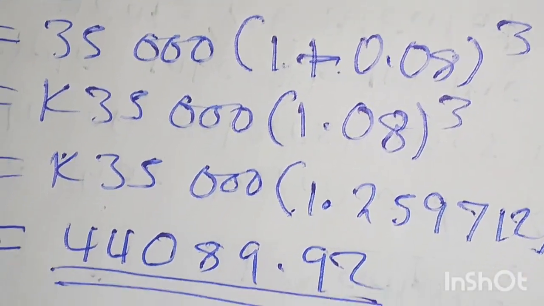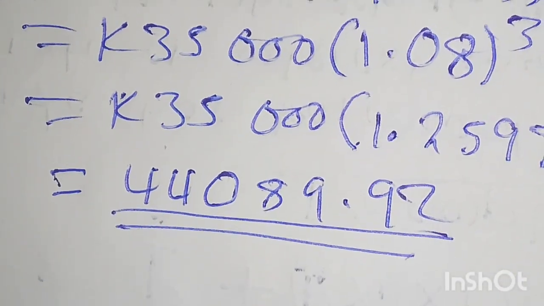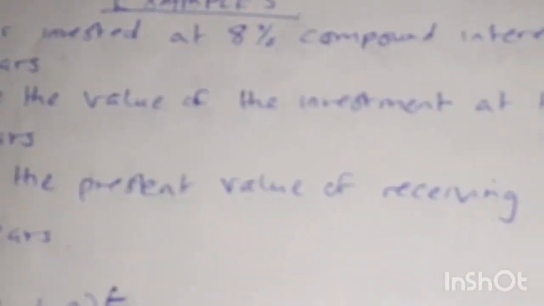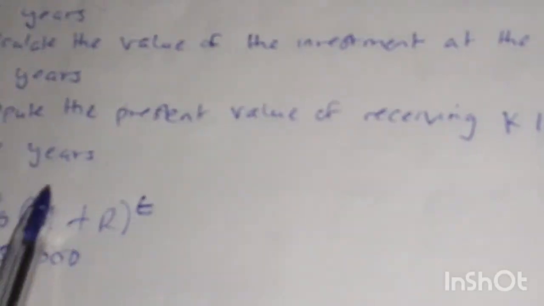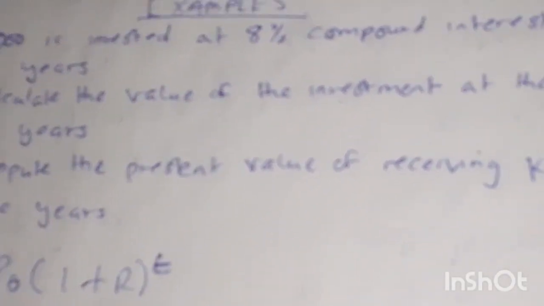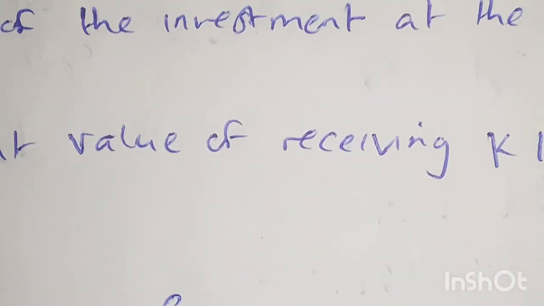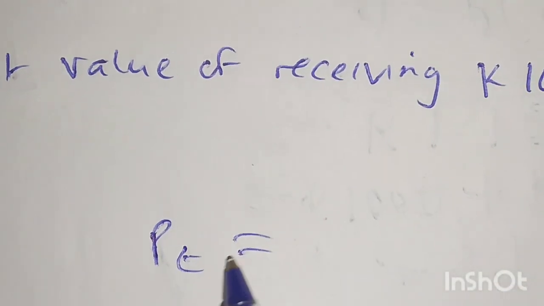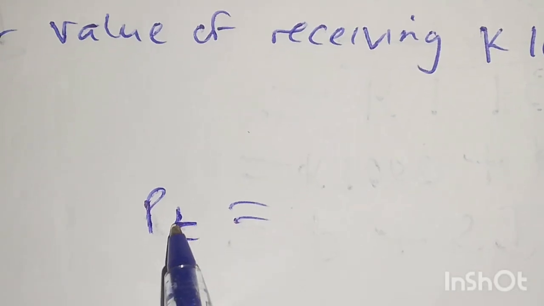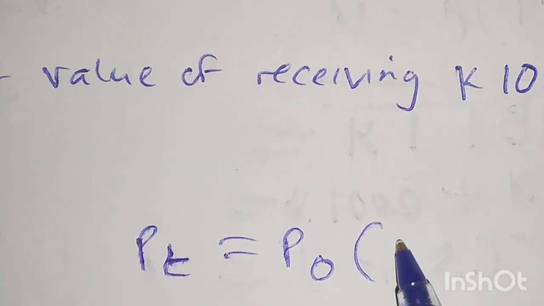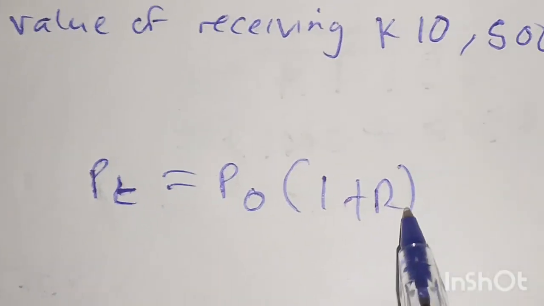Now let's move on to element B. Element B is saying compute the present value of receiving 10,000 in 3 years. So you're going to use this same formula. Future value is equal to present value multiplied by 1 plus rate to the power time.